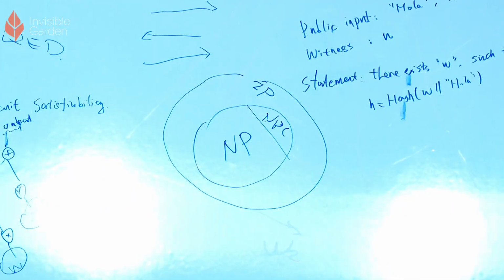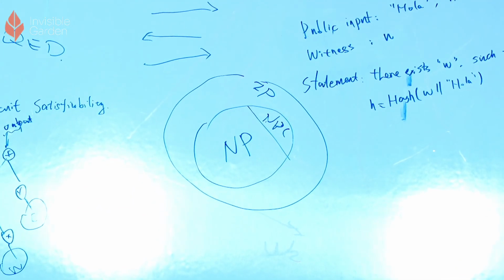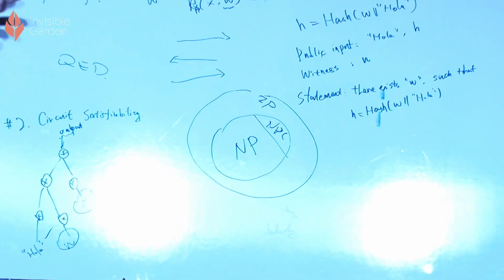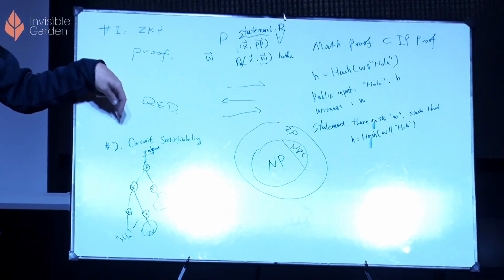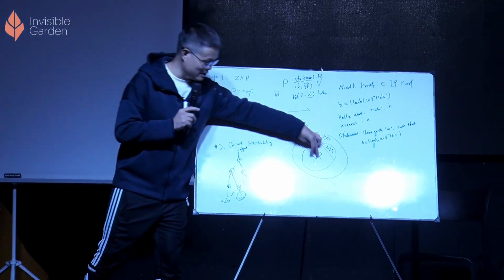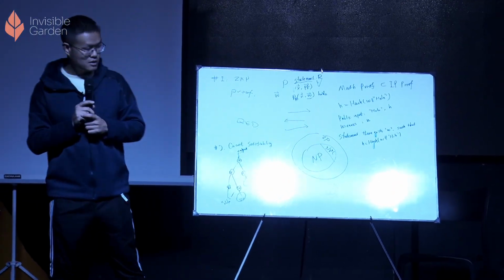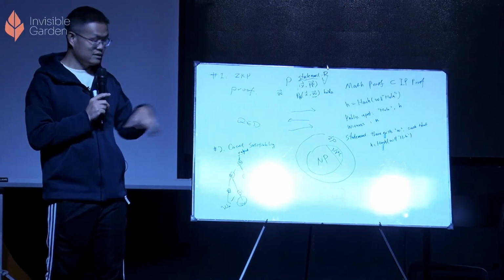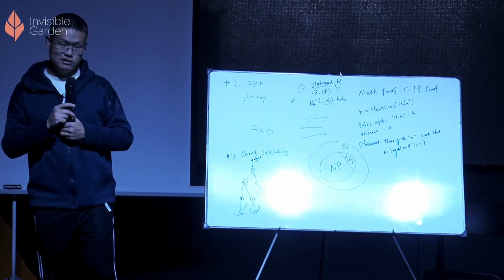I think for most applications it is enough, because for general computation, if the computation terminates, then we can model the computation into an arithmetic circuit, and arithmetic circuit satisfiability falls into only NP. Okay, here's some intuition behind the zero knowledge proof.